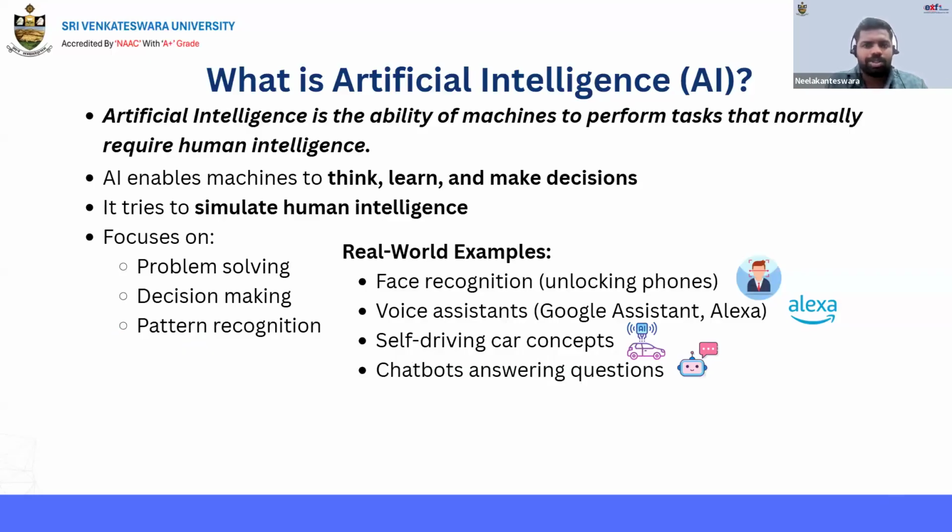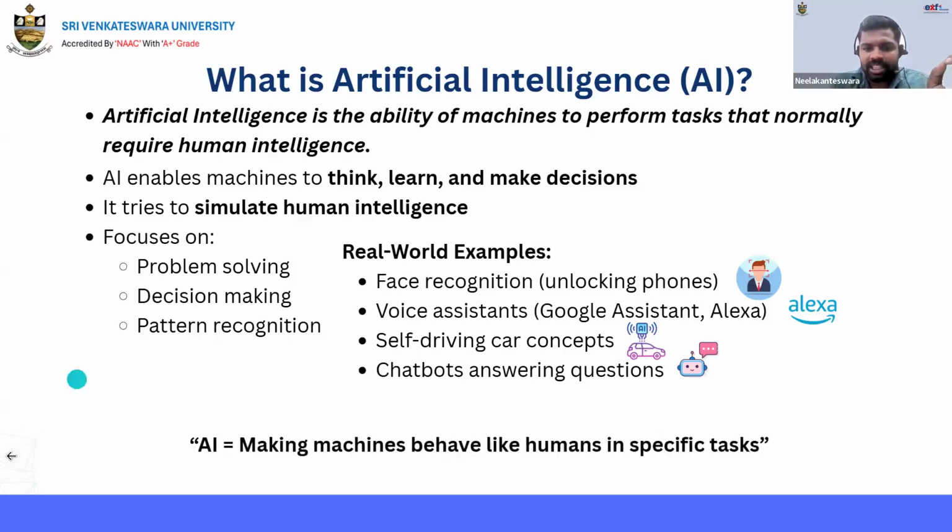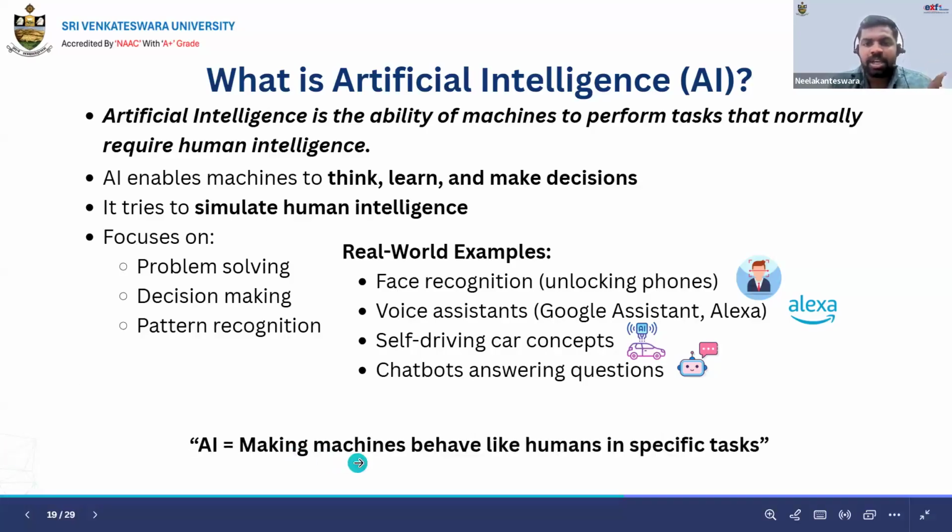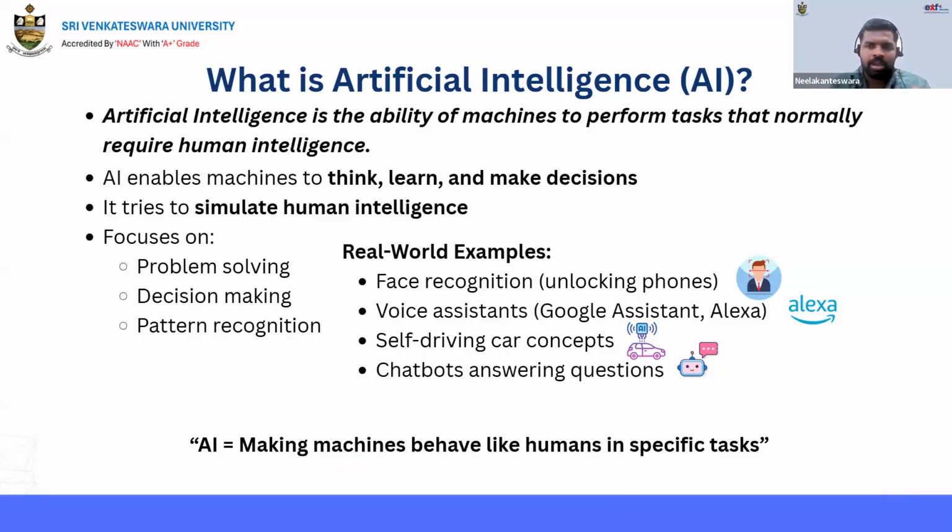If you have any questions, you can ask and it can generate answers. It is an advanced chatbot. So AI is nothing but making machines that can behave like humans in a specific task.